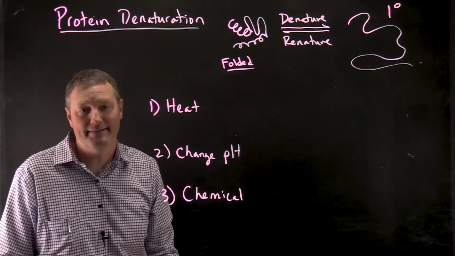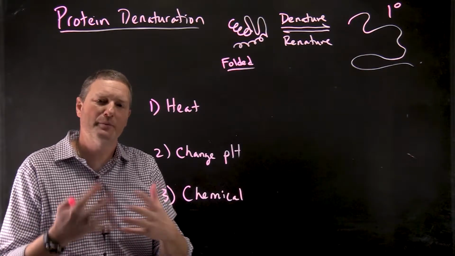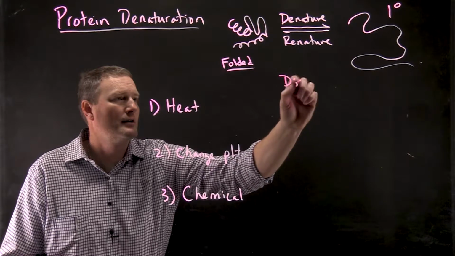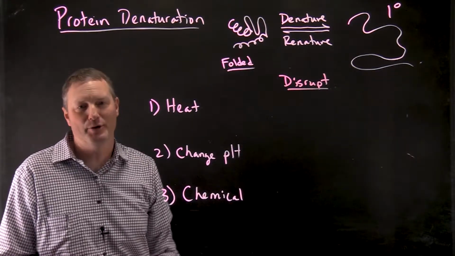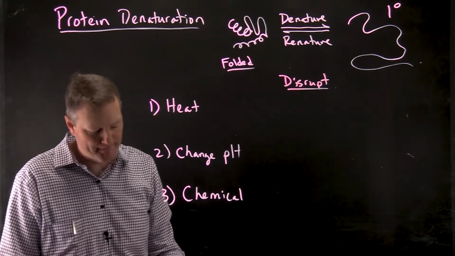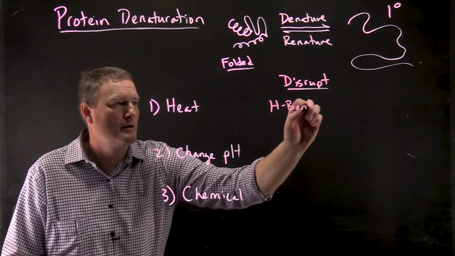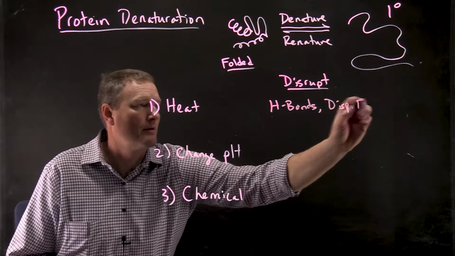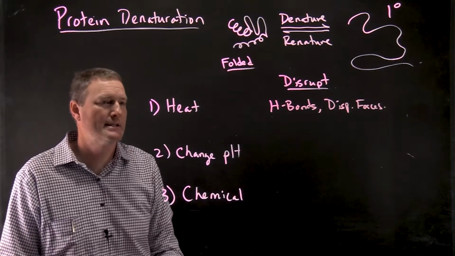The first is to heat a protein. So by heating a protein, you're going to disrupt a number of different types of interactions. And let me just list those out here. So we'll make a little table here. So if I were to heat a protein, what are the sorts of intermolecular interactions that would be disrupted? So when you heat, you're going to disrupt hydrogen bonds and dispersion forces, or what we had referred to earlier as the hydrophobic effect.